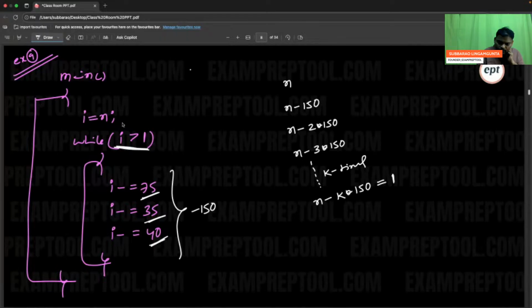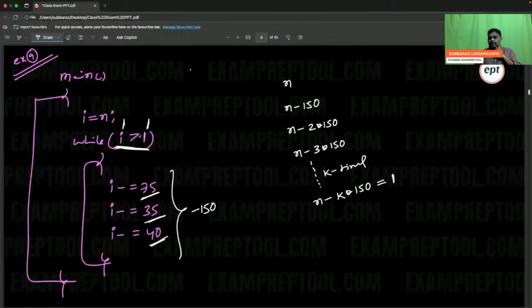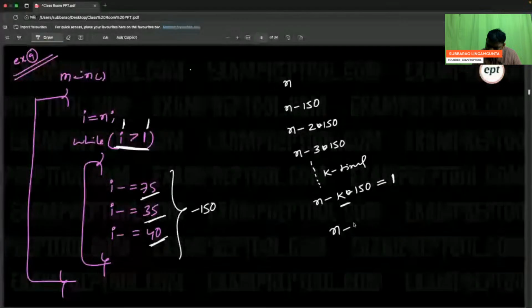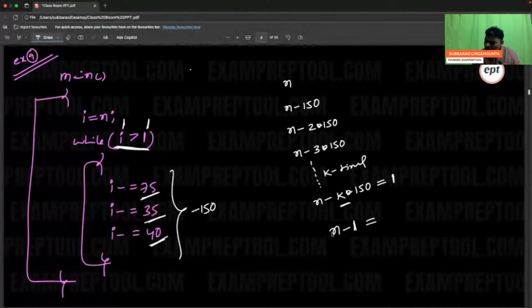So left 1, right 1. Condition fails. This is the first fail. Until now, I is bigger, but now left also 1, right also 1. So the condition failed. Stop. Now remember, our goal is finding k. So n minus 1 is equal to k into 150.